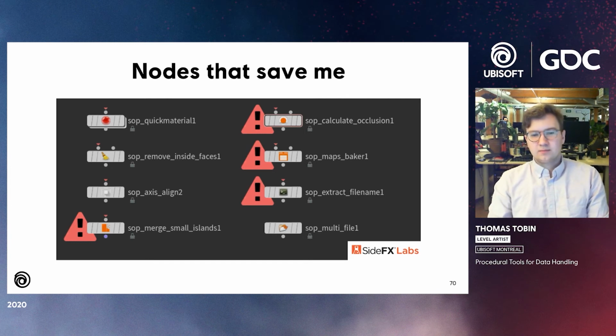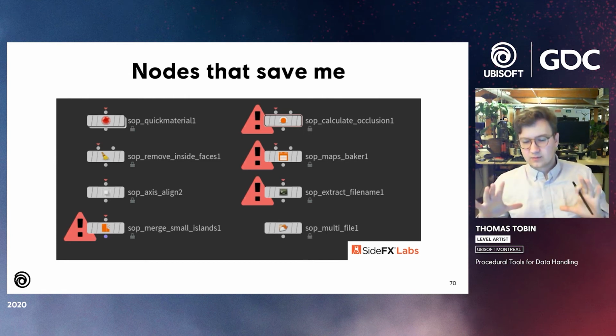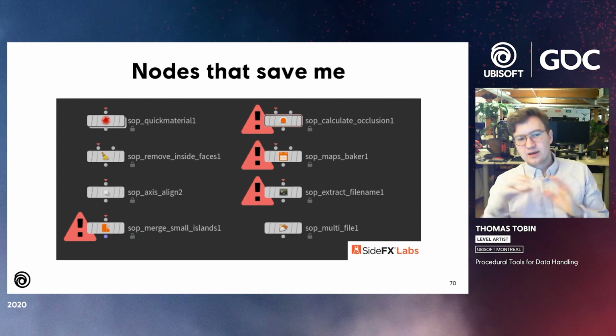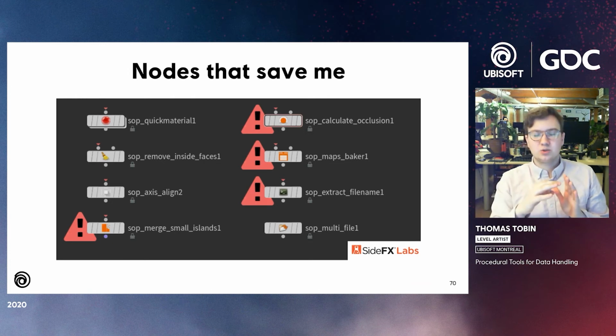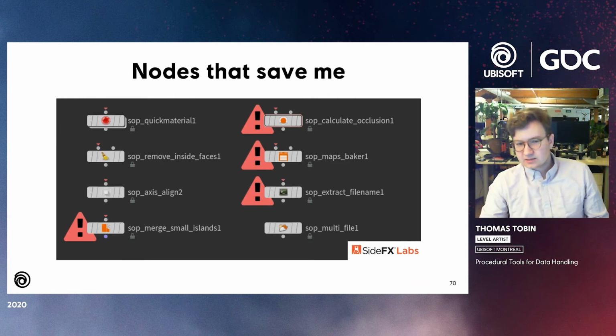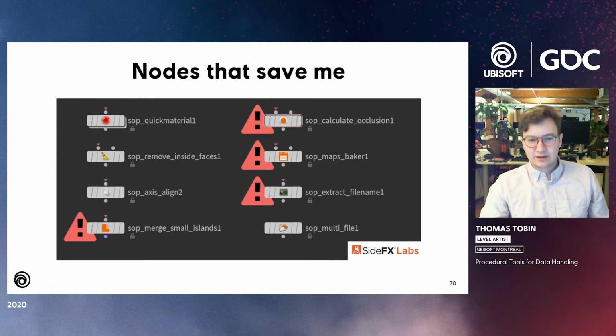The next was merge small islands. I wanted to make sure that if I had any UVs, as we were decimating down, I could just batch them together and make sure that the very far away LODs had their UVs grouped together. So if you had a very small object, it could potentially be brought into another island. Sometimes this isn't possible because they're just not connected, but if they are connected, it allows me to do quick cleanups.